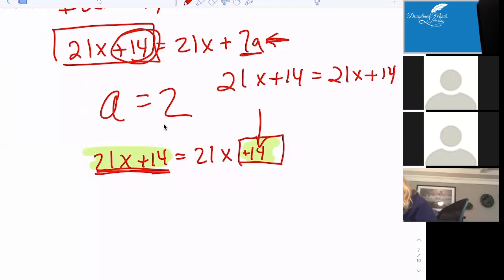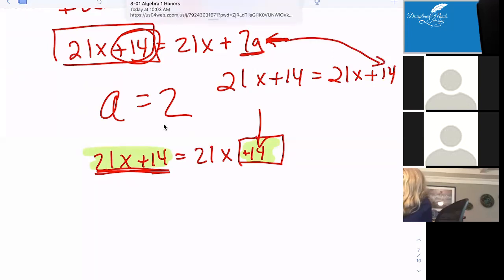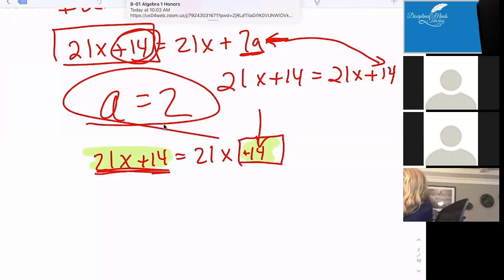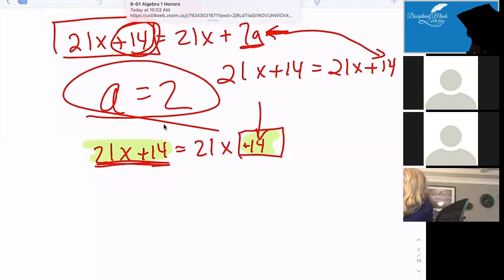So if I have 7a, what does a have to be in order to make that a 14? Seven times what is 14? That's why the answer is 2.